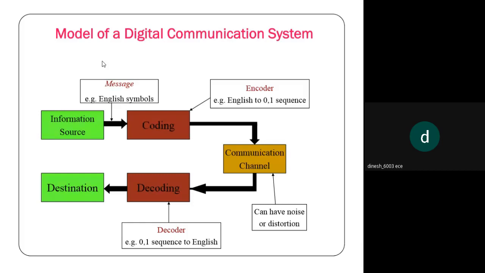As said already, a communication will have three parts. One is your source, another one is your destination. The third part is your channel. So where does this channel lie? Source is a device, destination is a device.